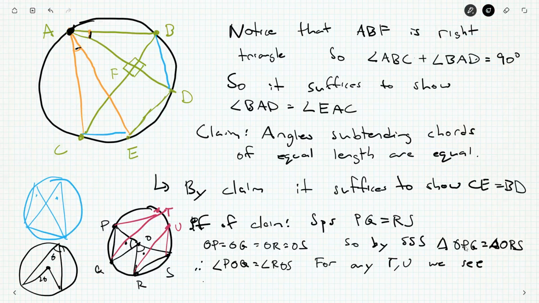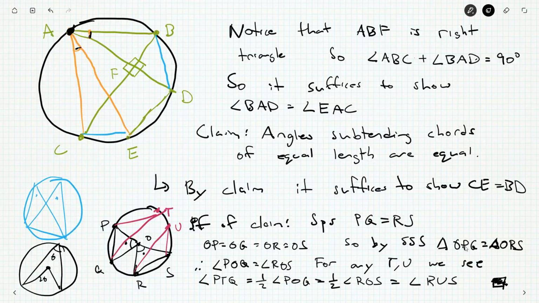So we see that angle PTQ is 1/2 angle POQ, which is 1/2 angle ROS, which is equal to angle RUS. And that finishes that off.